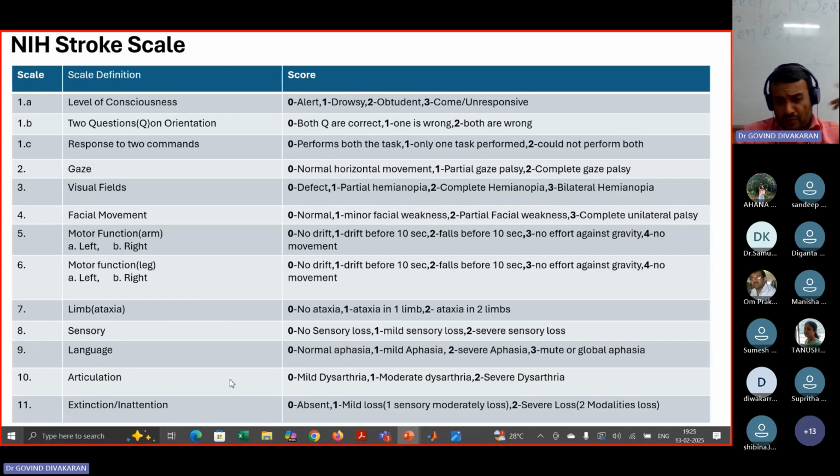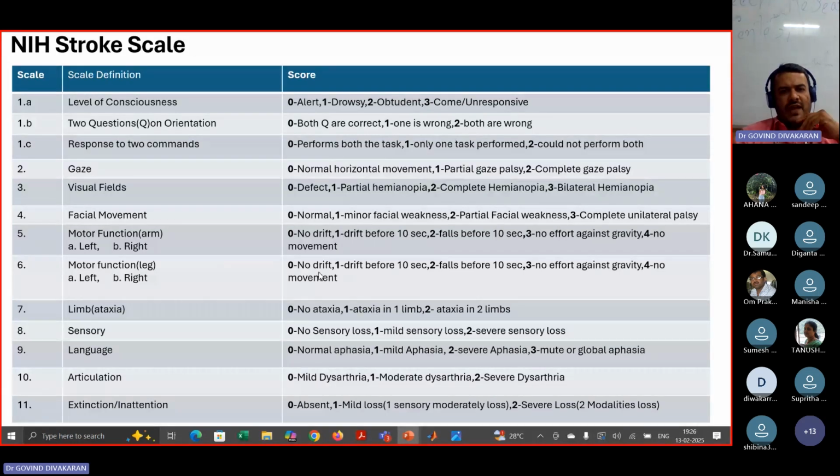Here the clinicians will be asking whether you are able to speak. If the patient says I don't have any problem in speaking, then the value is 0. Then if he is able to speak a little bit, the value is 1, and if it is too severe, it is higher. Okay, so that is the part here.